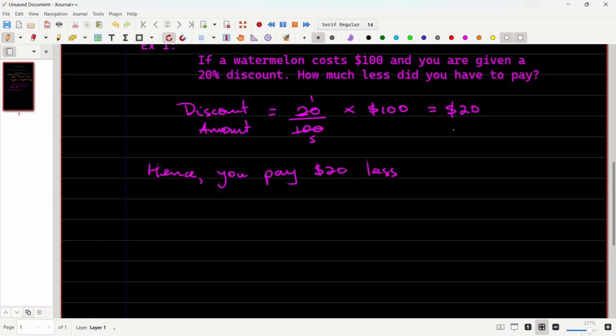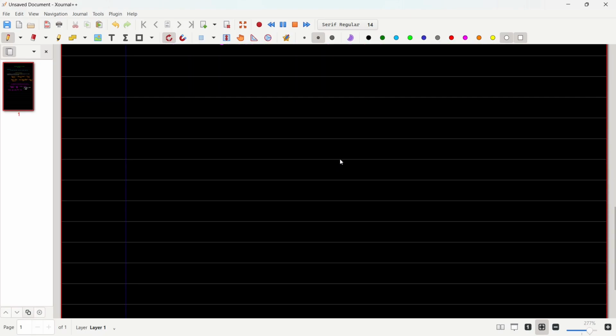So if I take 100 minus 20, divide by 100, and then multiply by 100, you can see right away this will cancel with this, and then 100 minus 20 would be $80. So that is the amount I'm going to pay after the discount. All right, so this is the discount amount, and this is how much I pay after the discount. All right, let's go on to another one now.